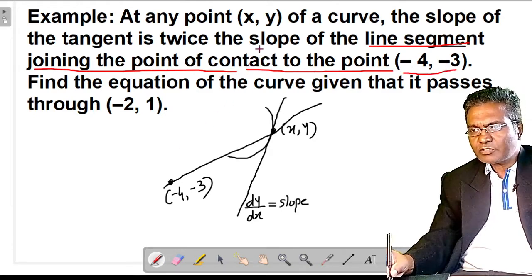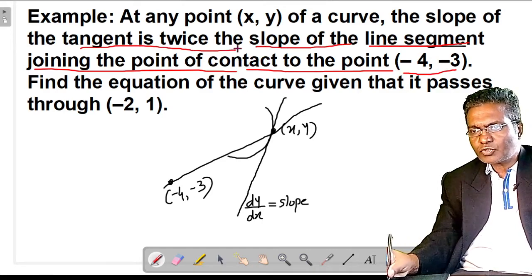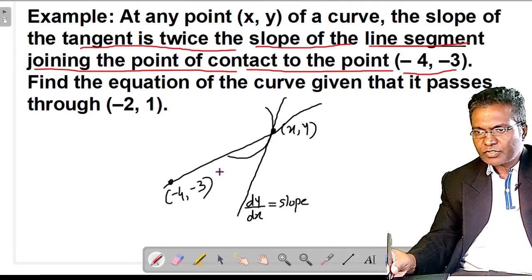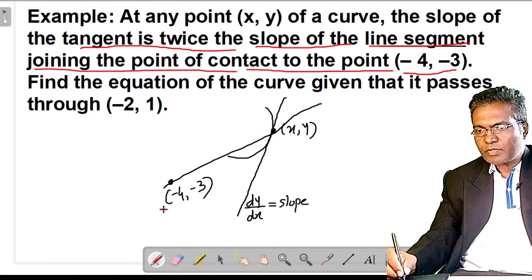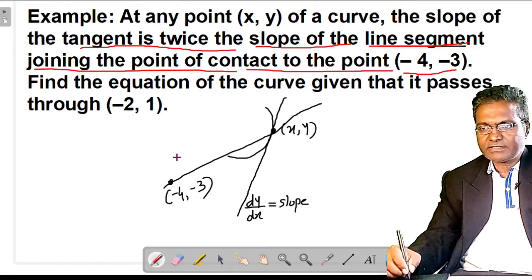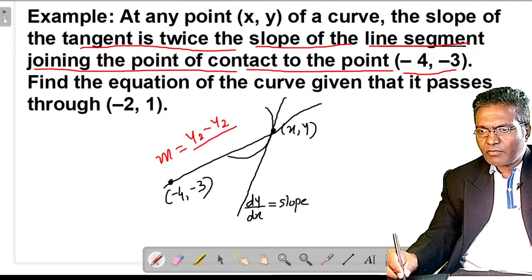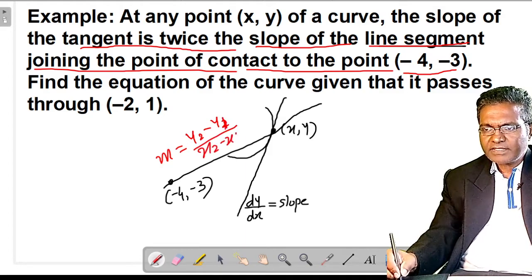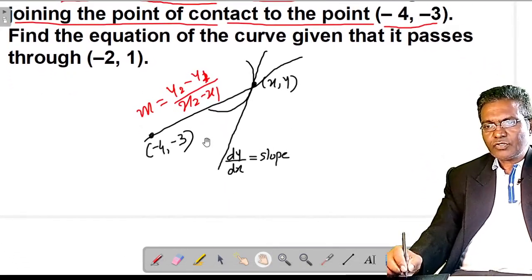What is given is that the slope of the tangent is twice the slope of this line. So what is the slope of this line you have to find? The slope of the line joining this point and the point of contact. As you know, the slope of the line segment joining two points is y2 minus y1 by x2 minus x1.